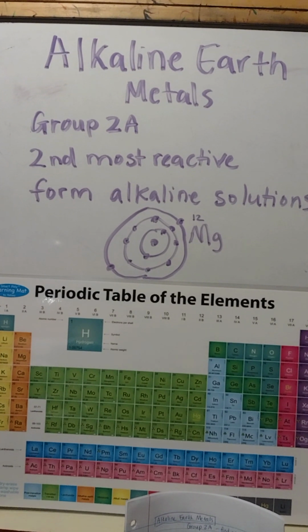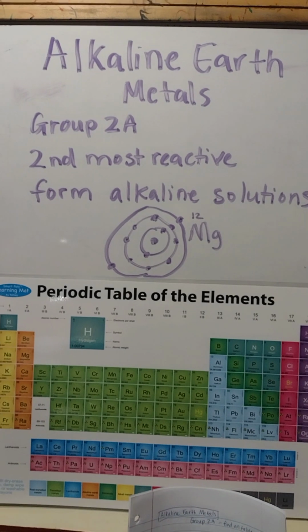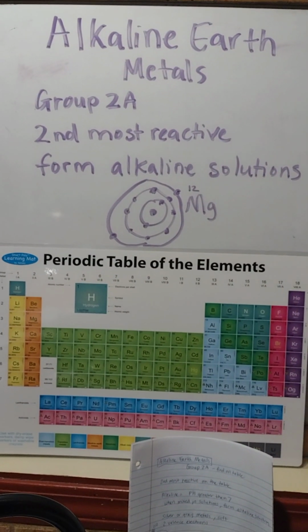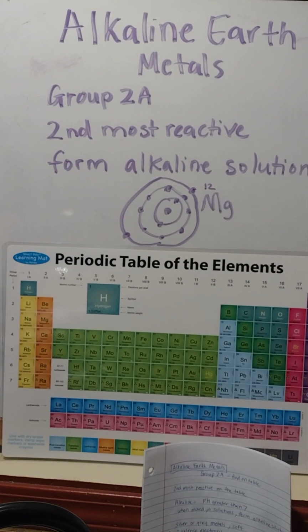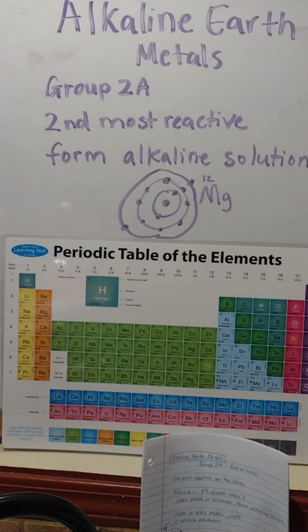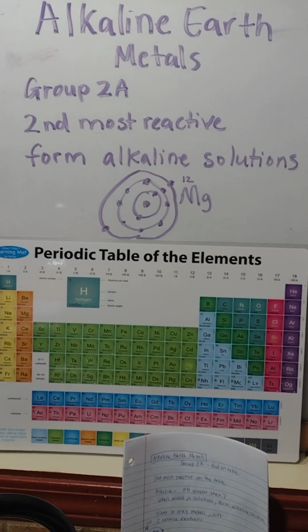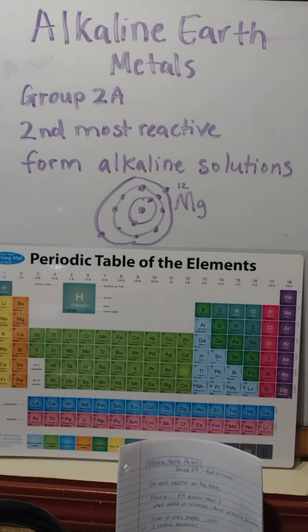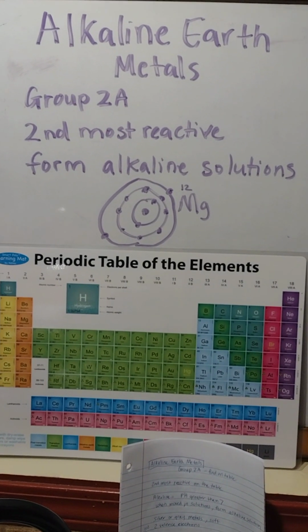The next one on the periodic table is group 2A. So then how many valence electrons do all of these guys have? This column, this group, as you can see, is the orange group there. They have 2 valence electrons, and they're actually the second most reactive on the periodic table.